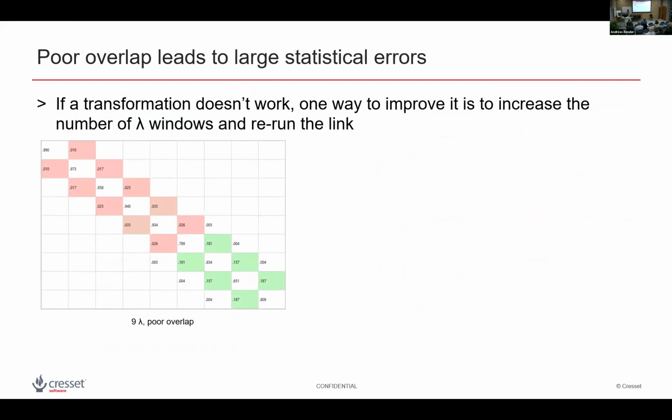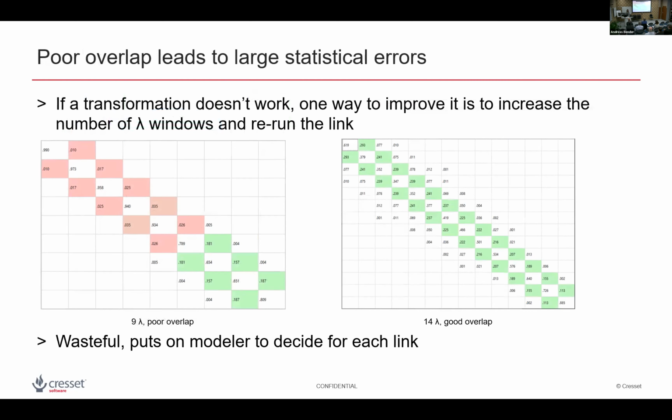So what happens when there is this poor overlap, right? Usually, one way to improve our results is to insert more lambda windows. So since the overlap is small, we need to insert another lambda window in between in order to make this phase space overlap larger. So for example, here we see the two overlap matrices for the same transformation.